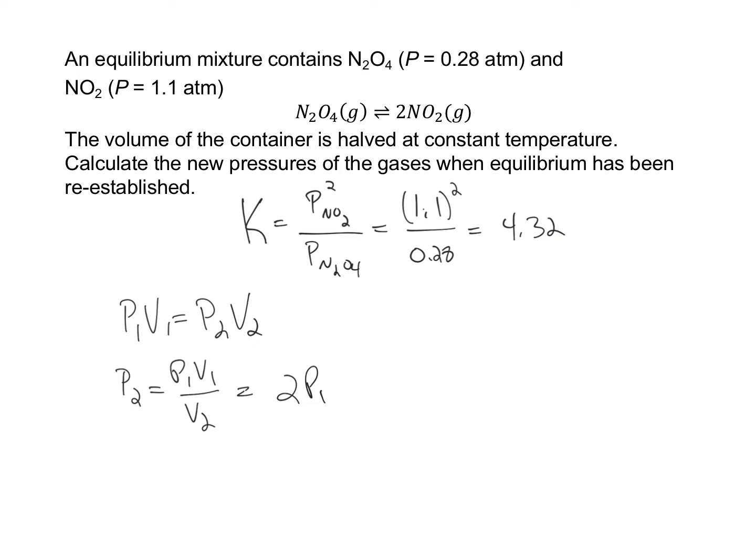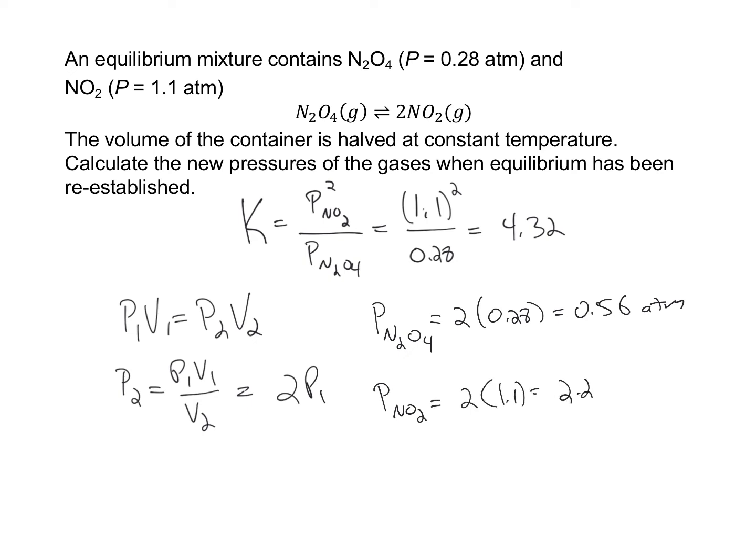So the new initial pressure of N2O4 is 0.56 atmospheres, and then the pressure of NO2, 2 times 1.1, so that'll be 2.2 atmospheres.